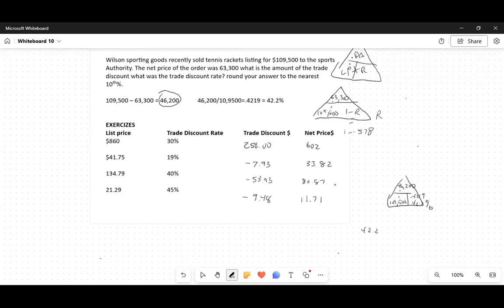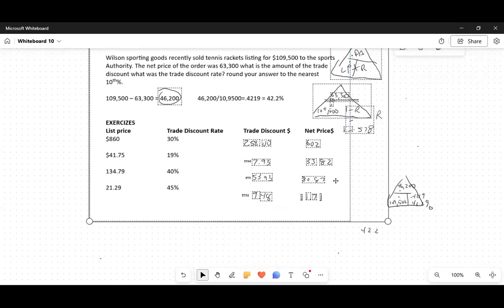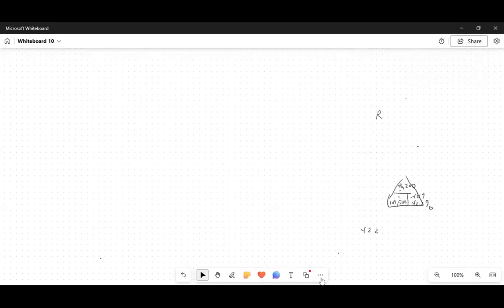Or if I go to the next page, I can do the same problems, but this time doing the complement method and getting the net price without really having to worry about what the trade discount amount was. So let me show you that page. Let me delete this. All right, and let me add the next page.